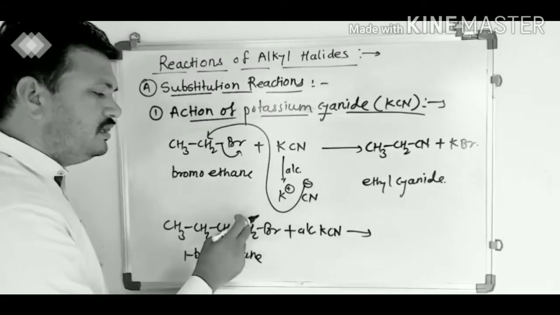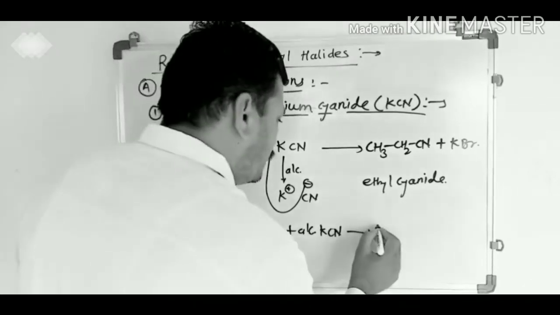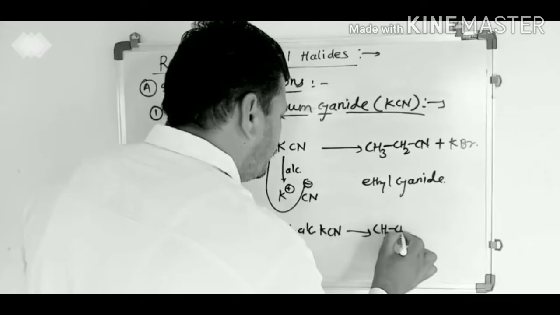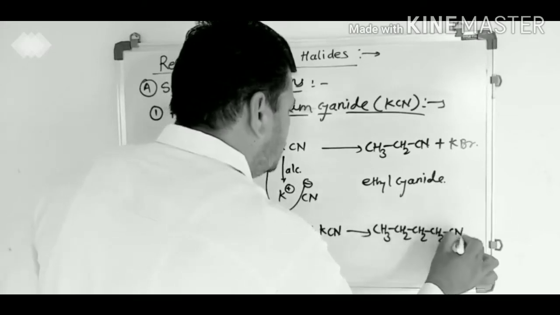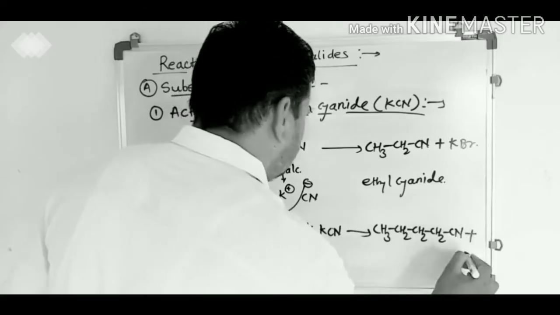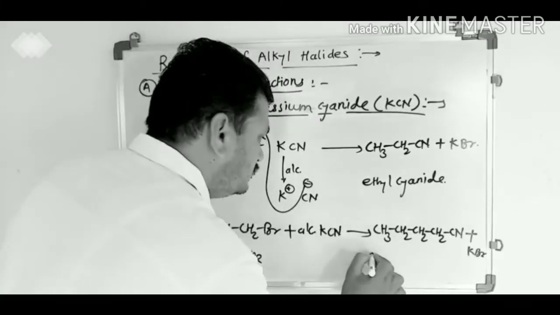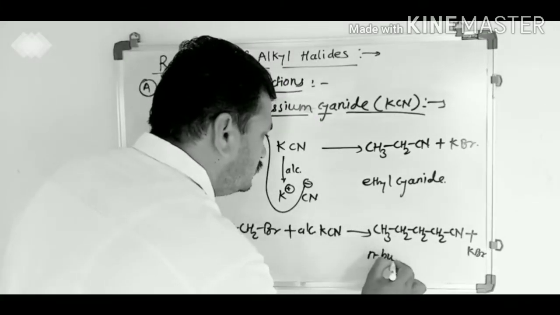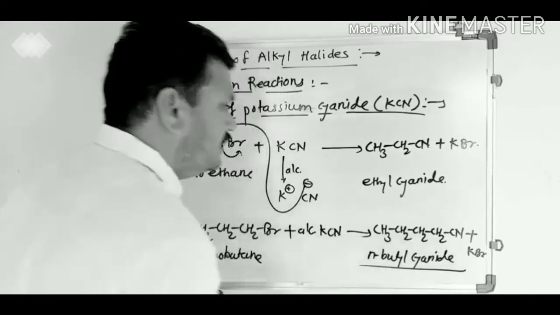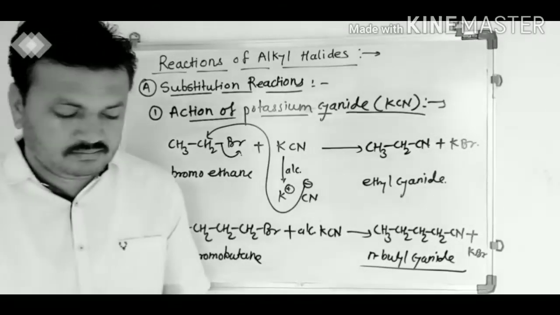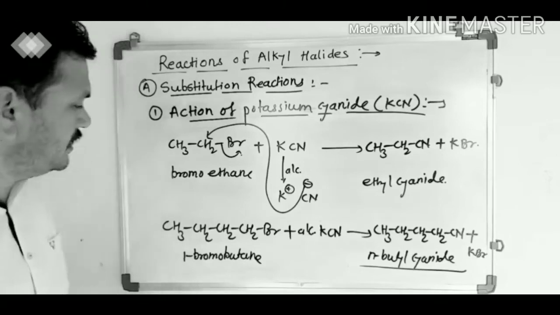It attacks the electron deficient carbon and removal of the leaving group Br minus takes place and the product is CH3CH2CH2CH2CN plus KBr as the byproduct, and it is butyl cyanide or nitrile.